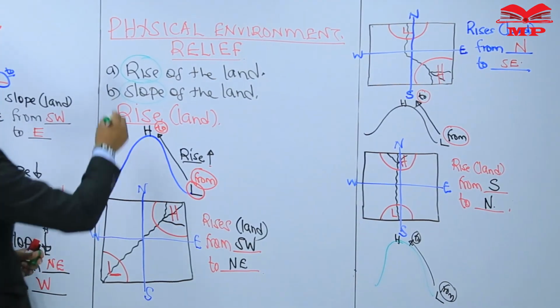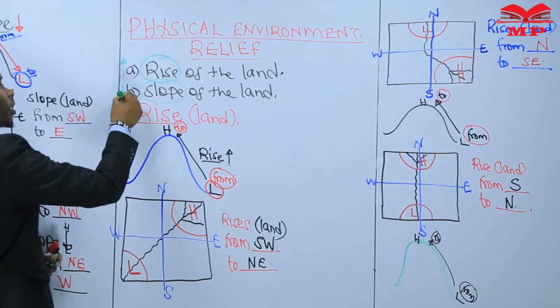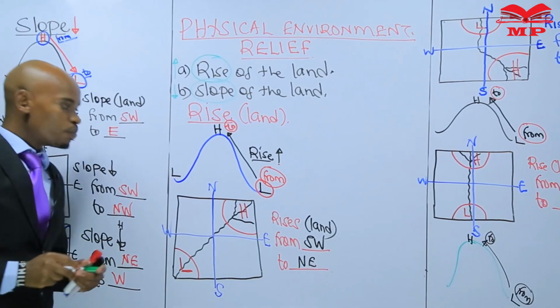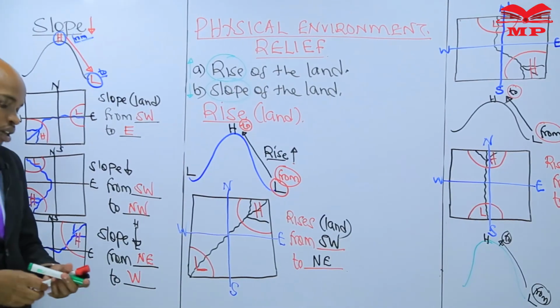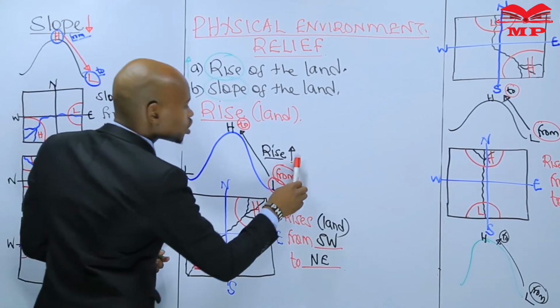Rising is going up. Sloping is going down. Even with the arrows, if you prefer to use arrows, for instance, rising, the arrow shows you that it is going up.